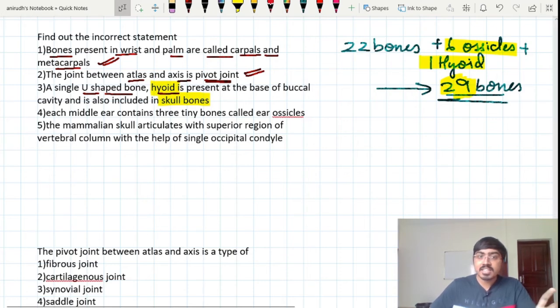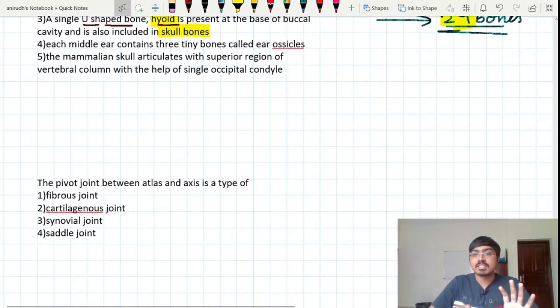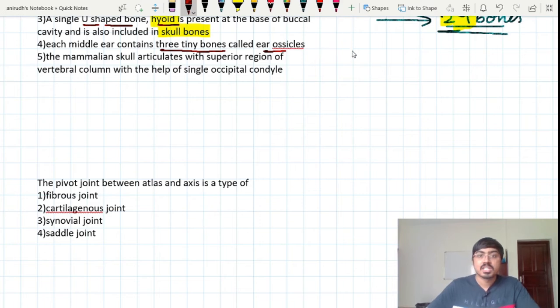So if they ask you in the NEET how many bones are there in the skull, your answer is 22, because that is how it is given in NCERT. But remember this particular correct idea also. Each middle ear contains 3 tiny bones called as ear ossicles. Obviously, you have a malleus, which is somewhat like a hammer-like structure. Then you have an incus.